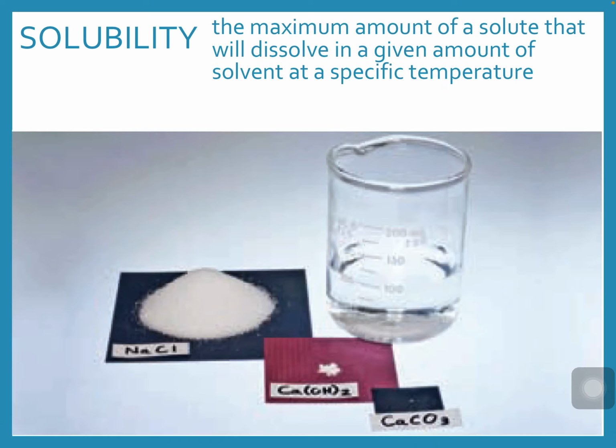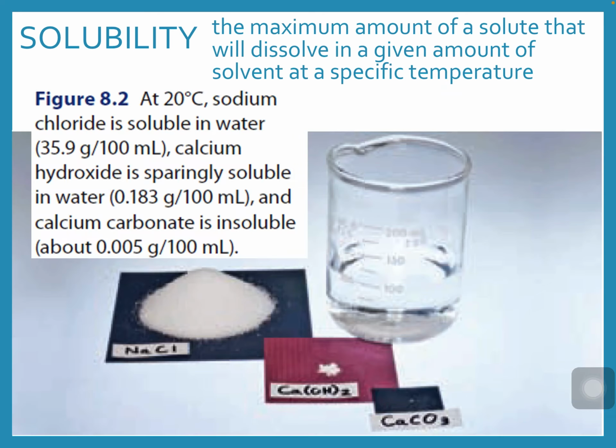The maximum amount of sodium chloride that can dissolve in 100 mL of water at 20 degrees Celsius is 35.9 grams. So that I would say is soluble. That is a good amount of sodium chloride that can dissolve in there.